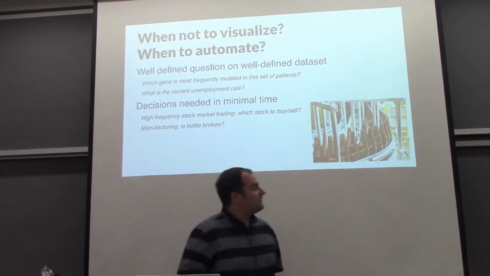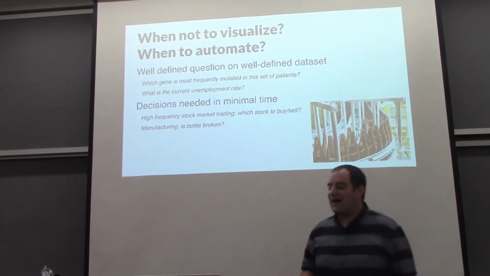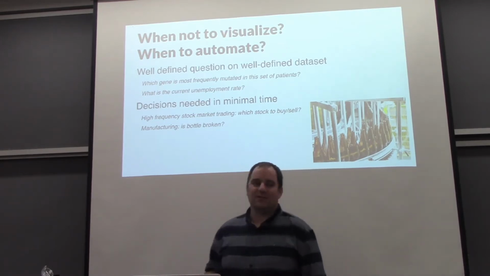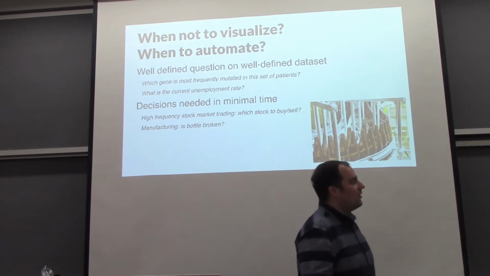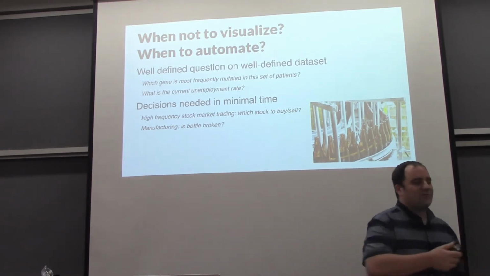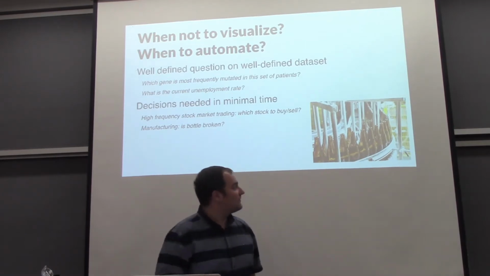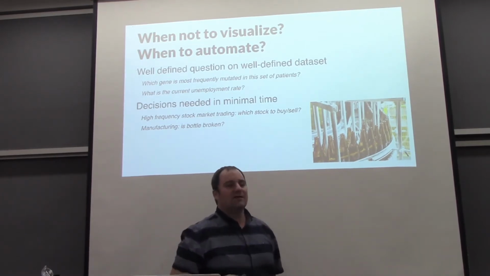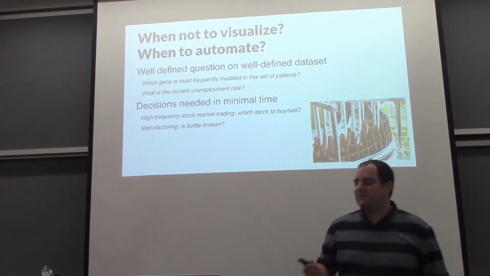And then there are also decisions needed in minimal time. Things like high-frequency stock market trading, there's no place for a human in the loop because you want to make these decisions in milliseconds. Or if you have a manufacturing plant, you can use a computer vision algorithm to detect whether a bottle is broken or not. You don't want a human in the loop there. You just want to get rid of that bottle by automation.